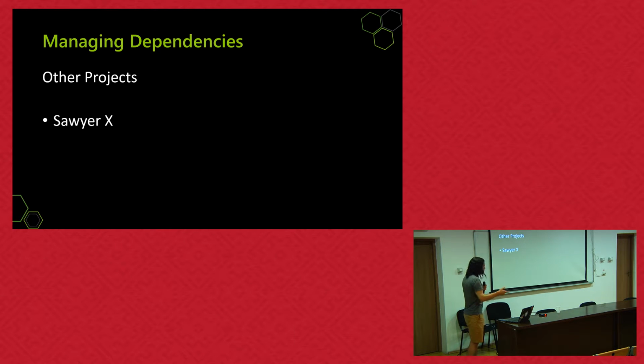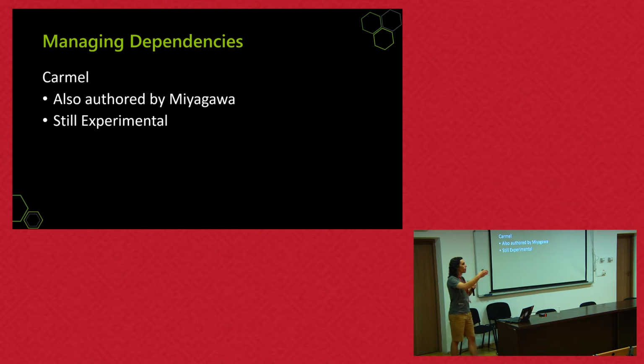Now, I know that Sawyer, right here, is working on a project that will enable you to define dependencies in a declarative manner, just as you would with Carton, and also pull them up to the C level, among other interesting and ambitious features. It's still in development and not ready yet. I also wanted to mention Carmel, which is like a step further after Carton. It's also authored by Miyagawa, and at least in the documentation, it says that it's still experimental.